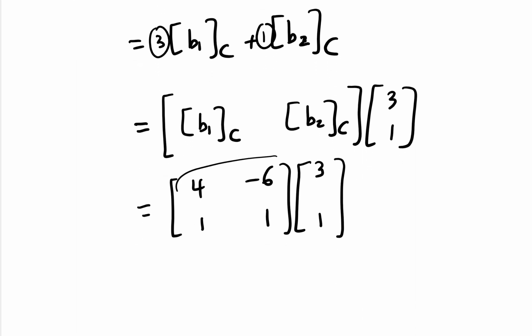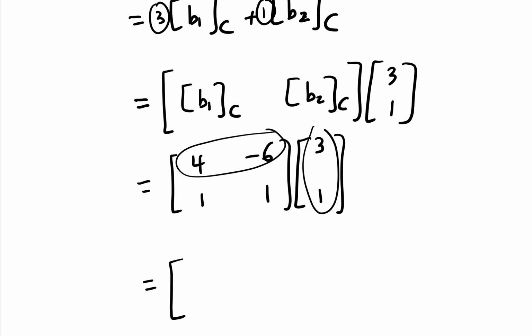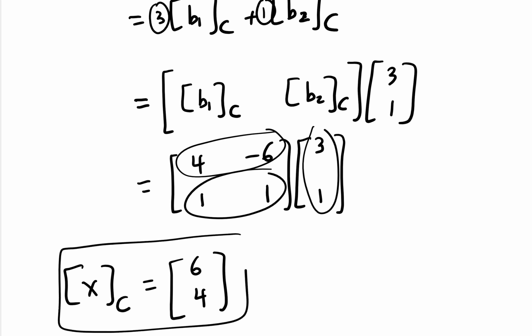Row by column. Let's see what we get. 4 times 3 is 12, plus negative 6 times 1, negative 6, so that's 6. Then 1 times 3 is 3, plus 1 times 1 is 1, so 3 plus 1 is 4. So that gives us exactly the components of x in the basis C.